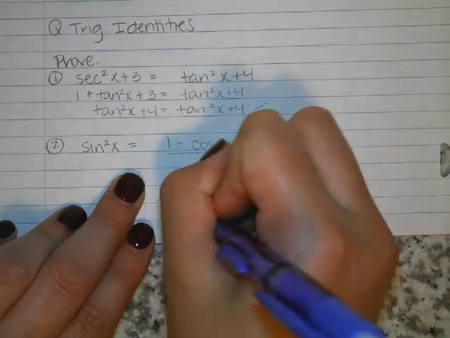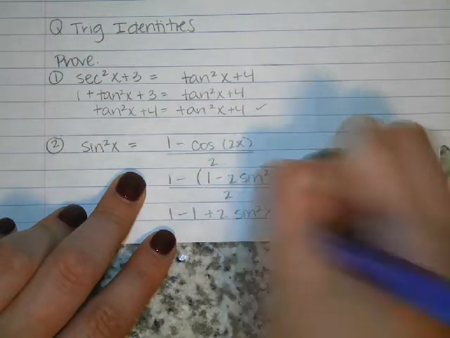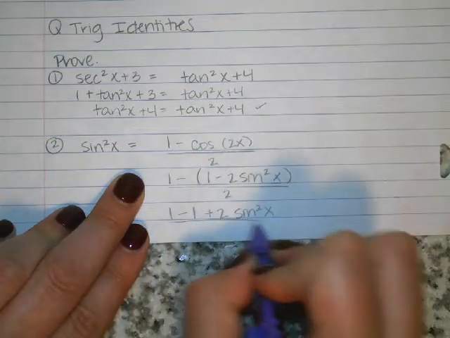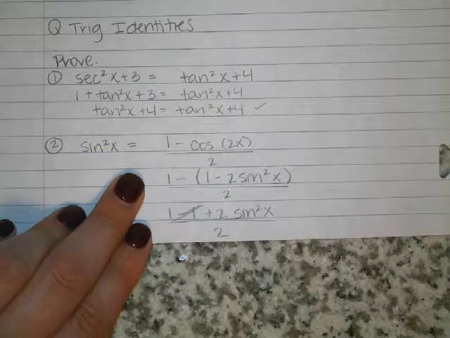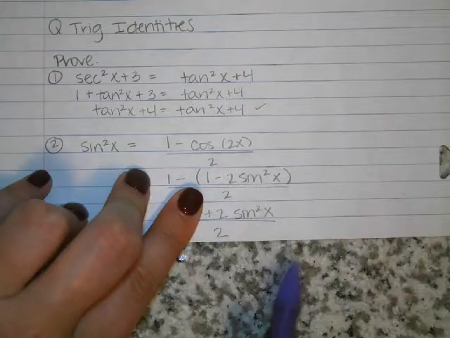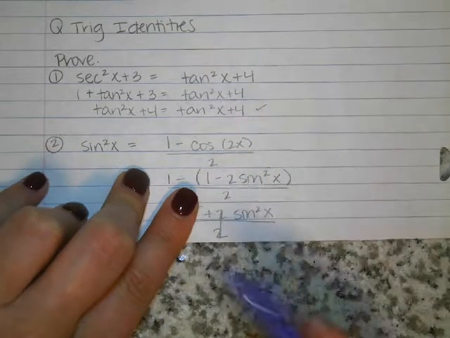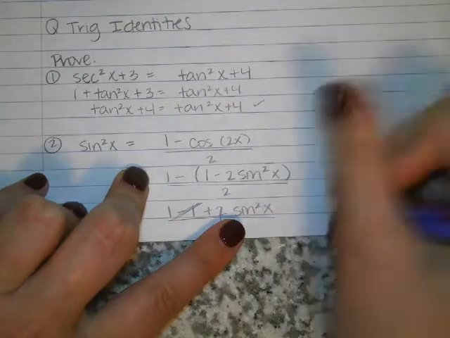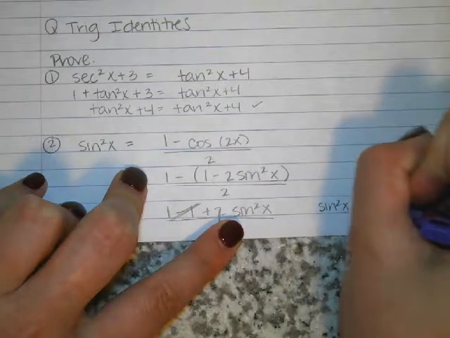So I've got 1 minus 1 plus 2 sine squared x. And so the 1's cancel. 1 minus 1 is 0. And then I have 2 sine squared over 2, and then the 2's cancel. And so I'm just left with sine squared equals sine squared.